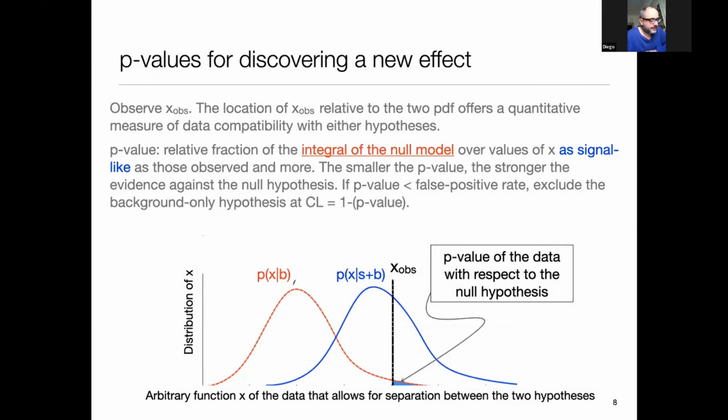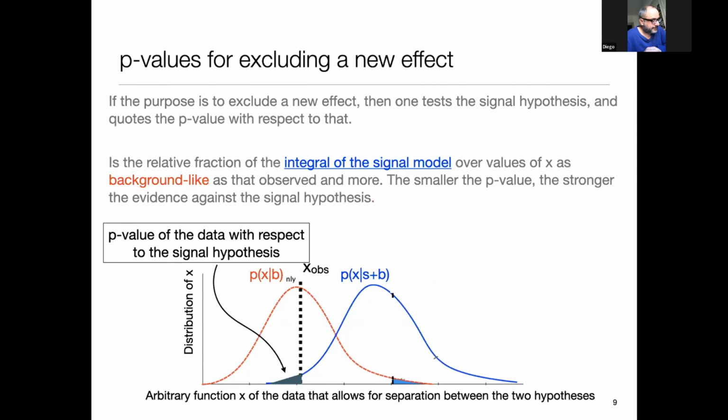And if instead I'm trying to use the data, so in this case I was trying to use the data to discover a new effect. But if instead I'm using the data to exclude the new effect, then I have to take the other tail, the background-like tail of the signal distribution, the left-hand tail of the blue distribution.